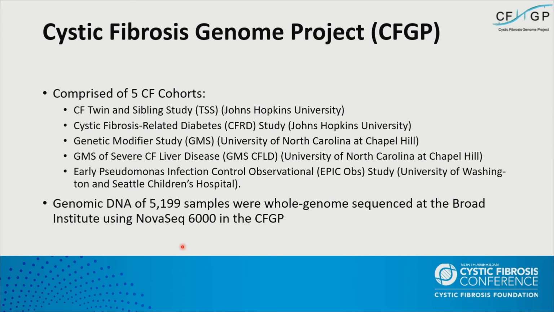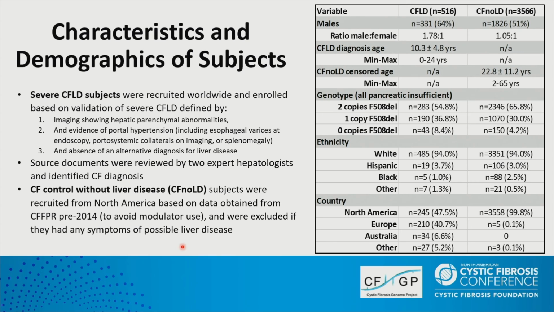And as I said, 5,200 samples were whole genome sequenced. That generates an enormous amount of data, but fortunately we were able to have high-quality statistical people helping us to analyze these data. I do want to call attention to several things.